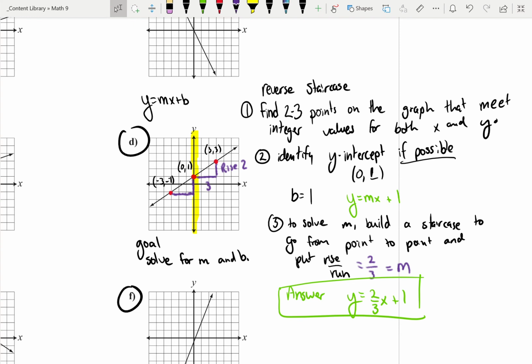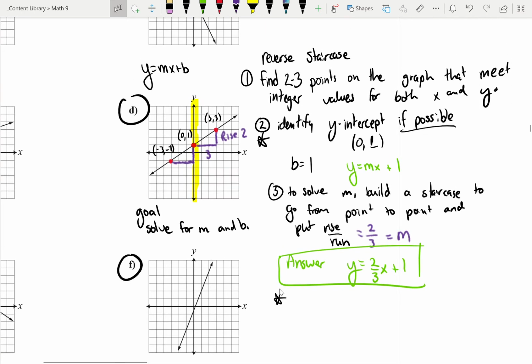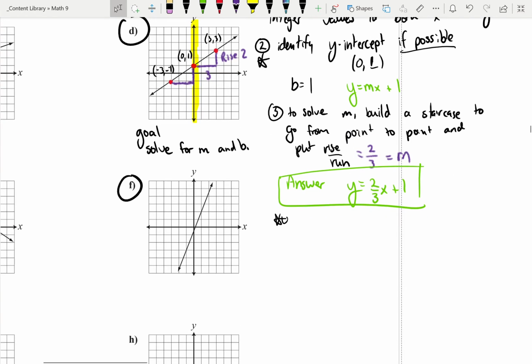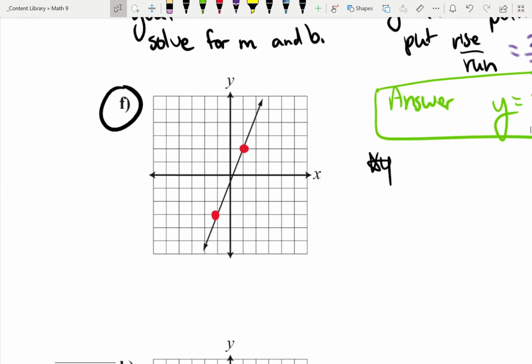Now, there is a step 4 that's related to step 2. So if I say I deal with question F, and I look at the points that are given, the 2 points that show up are here and here. If I look at where my line crosses the y-axis, it crosses at this sort of midway point.